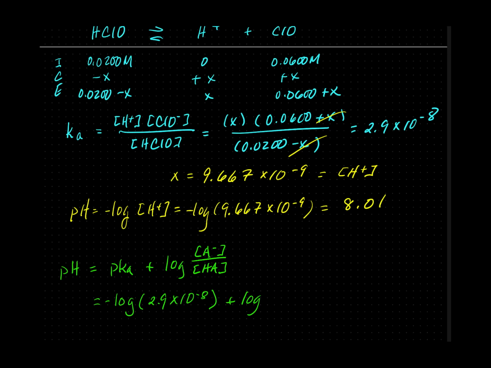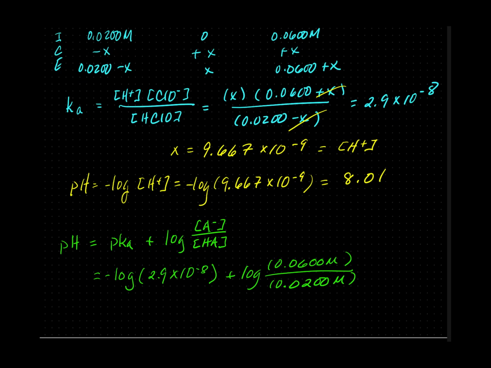We already calculated the concentration of the conjugate base, which was 0.0600 molar. We also calculated the weak acid, which was 0.0200 molar. And plugging it into the calculator, you should get 8.01. If you notice, they are the same answer.